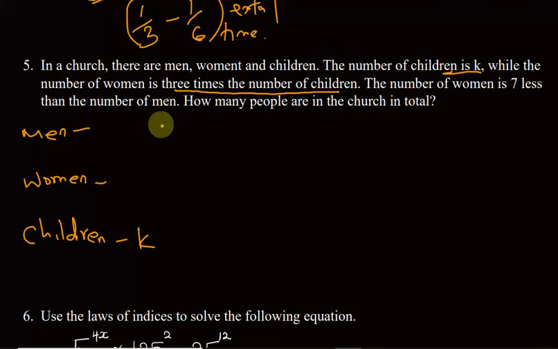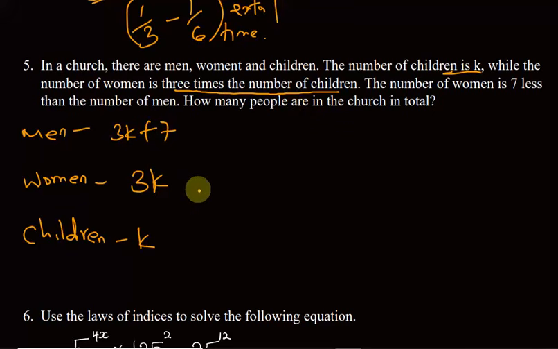So women is 3K. The number of women is 7 less than the number of men. If women is 7 less than men, men are 7 more. So we take the women, then we add 7. Men are more by 7.